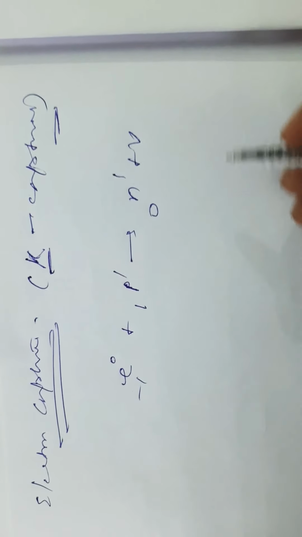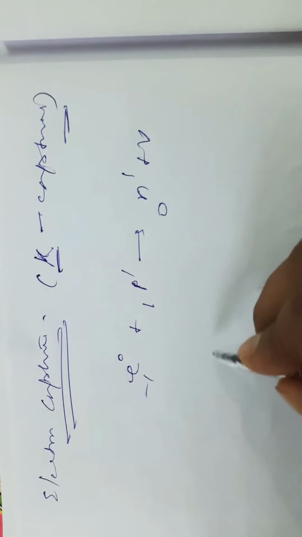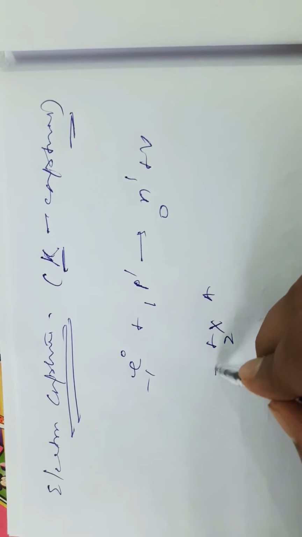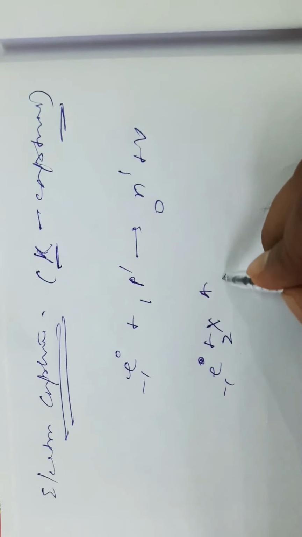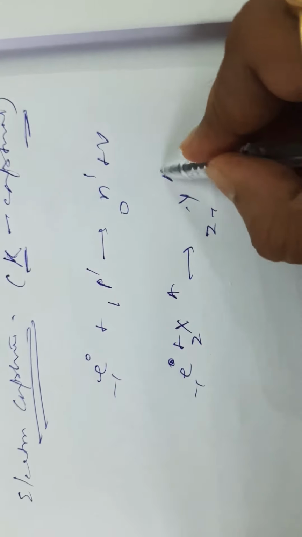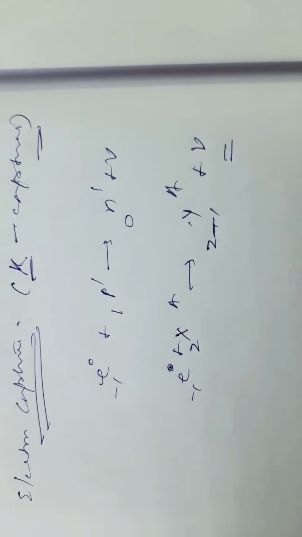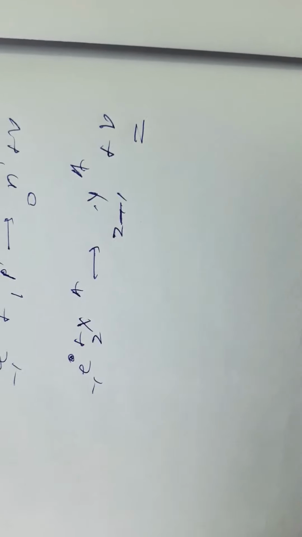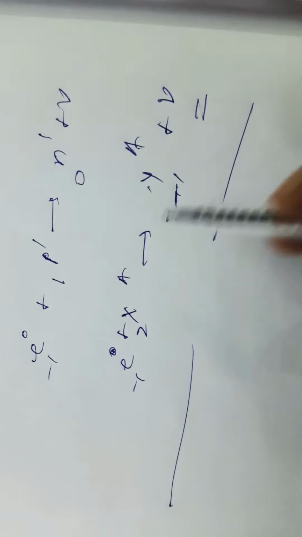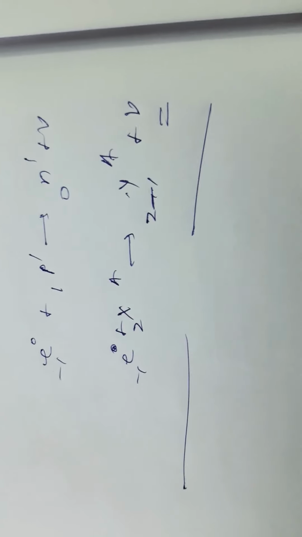In general, if the nucleus is, say for example, X, Z A plus e minus 1 0, it will give you Y Z minus 1 A plus a neutron. So this is what the three basic beta decay processes are.